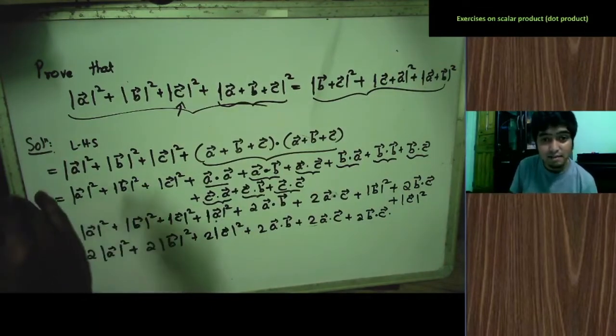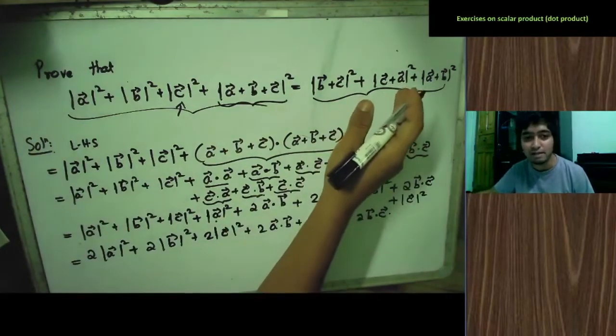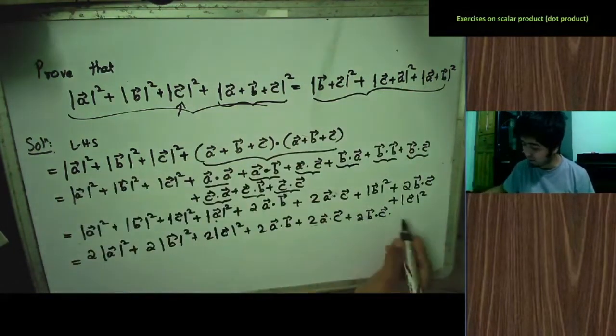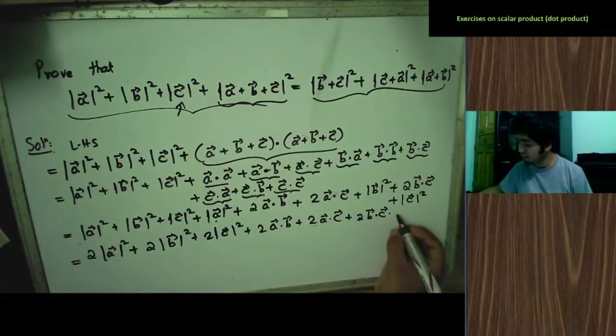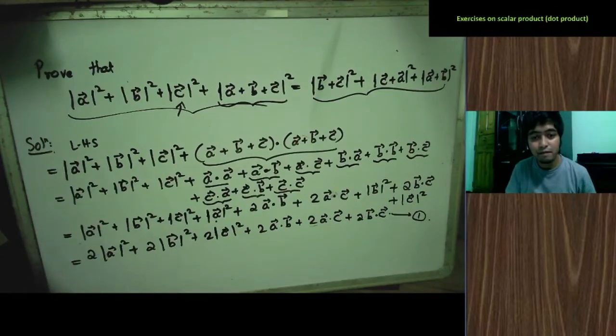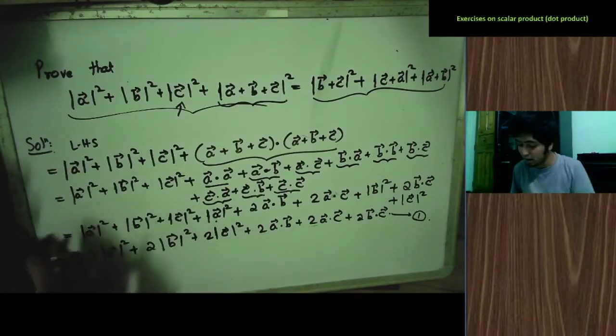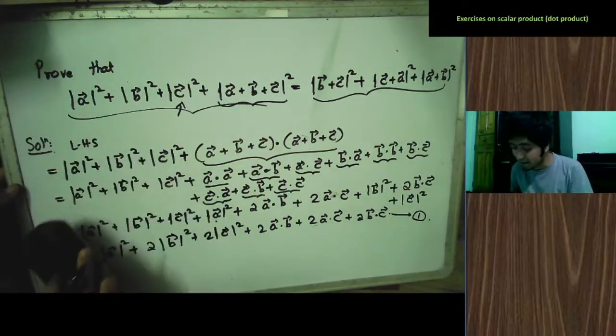Now it looks very complicated to proceed from here and try to get the right hand side. So what I will do is, I will leave this one as it is. Maybe I will name it as equation 1. The left hand side is equal to this, which is equation 1. So now I will proceed from the right hand side.